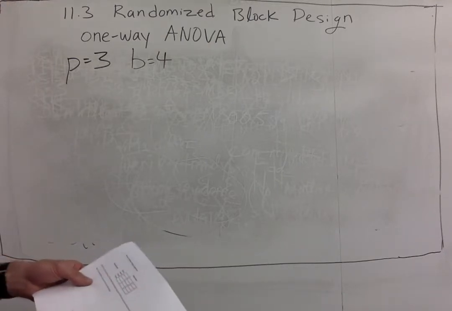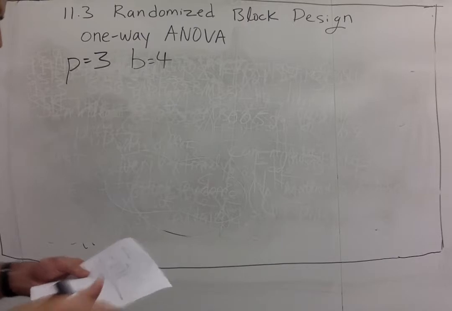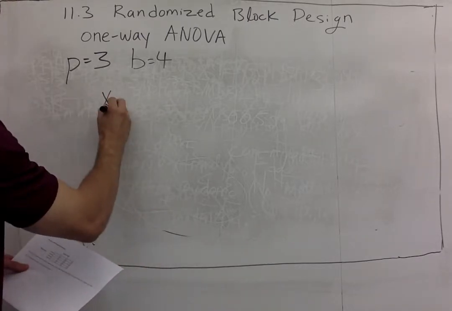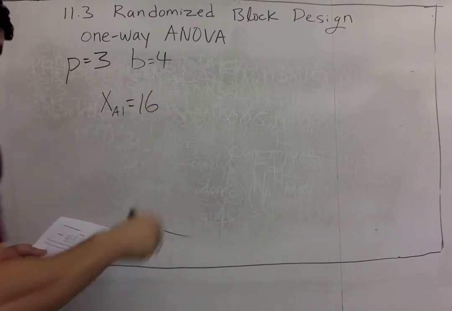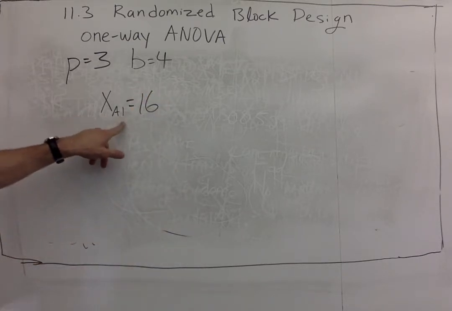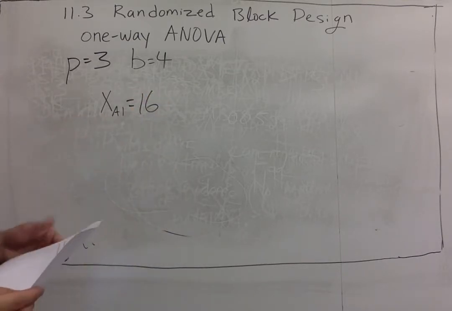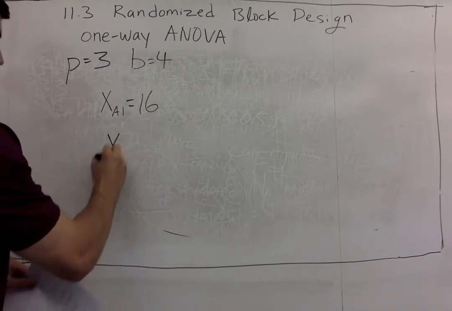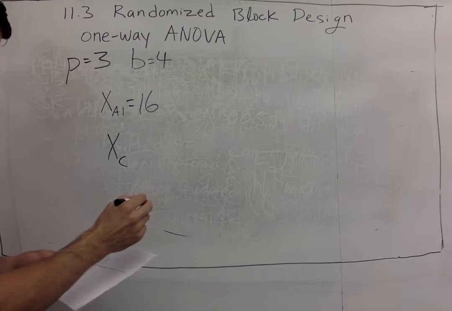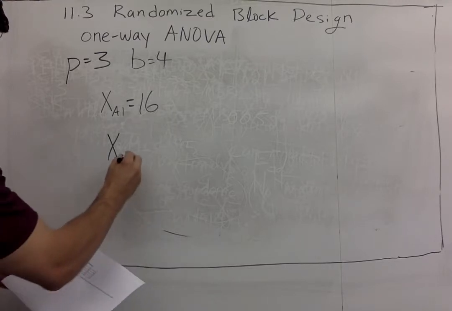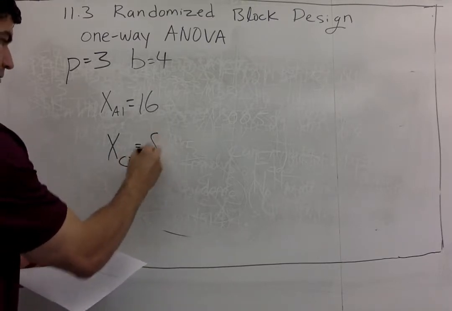And then you can see the measurements in the table. Bottle A at Supermarket 1 sold 16. I'm just randomly picking places.